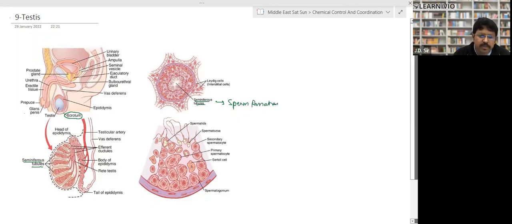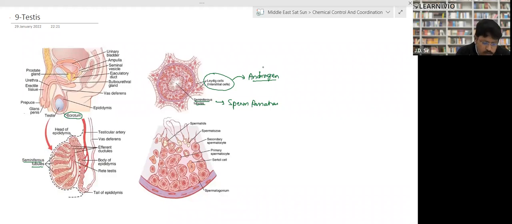Between these tubules there are cells called Leydig cells or interstitial cells. They secrete hormones called androgens. Due to these hormones, the male fetus develops and sperm formation takes place.